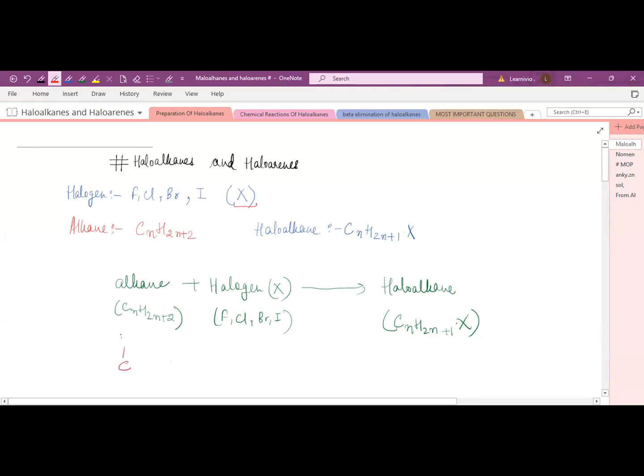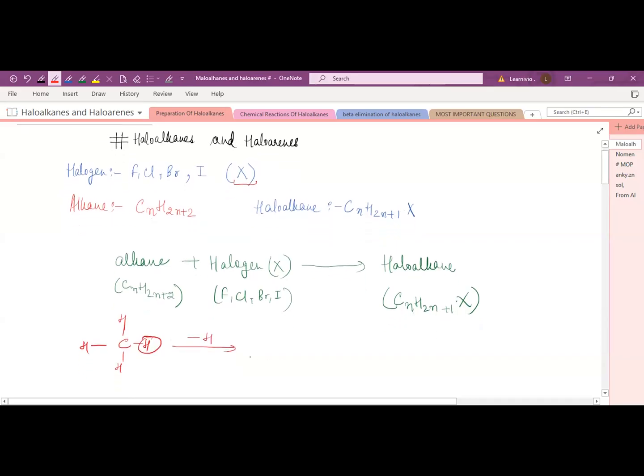Suppose I take methane, CH4, and I replace one hydrogen with a halogen group. If I remove this hydrogen and attach a halogen group, any X group over there, then this is known as your haloalkane.